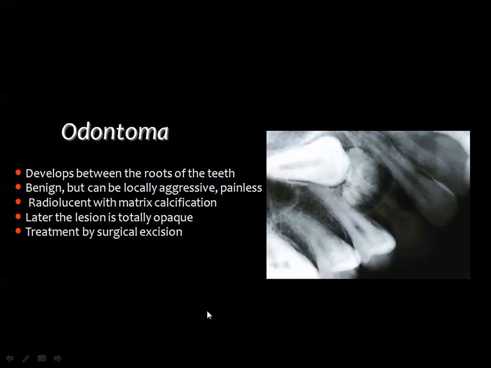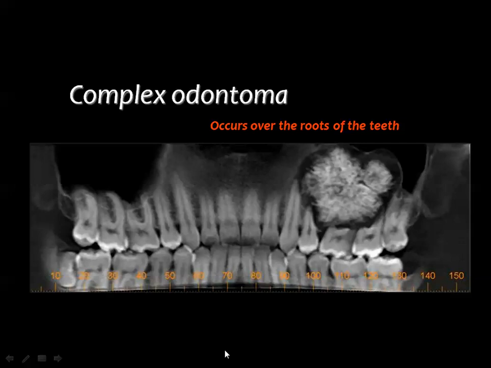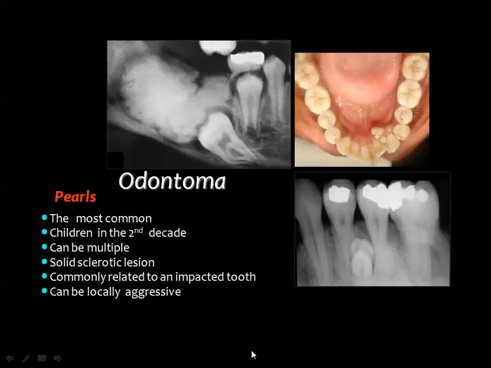This is an odontoma, which is a sclerotic lesion related to the root of the smaller teeth. And this is an odontoma, which is a sclerotic lesion related to an erupted tooth. And this is odontoma by gross appearance. And this is odontoma between the root of the teeth.